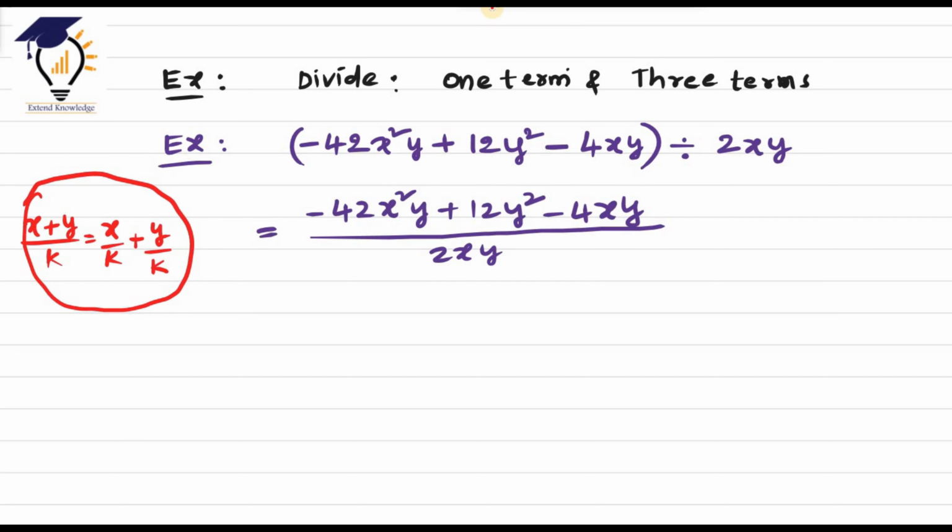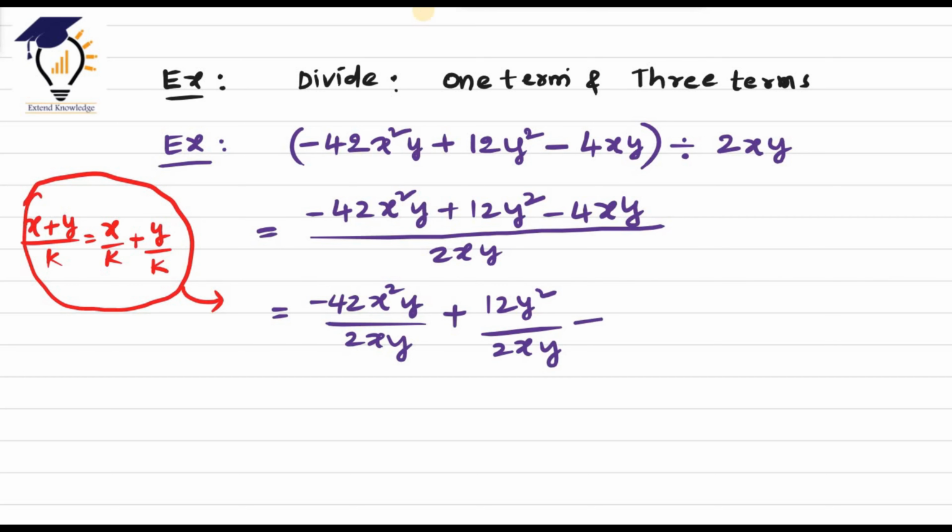So apply the logic here and expand this numerator. So minus 42 x square y over 2xy, and then plus 12y square over 2xy, and then minus 4xy over 2xy.